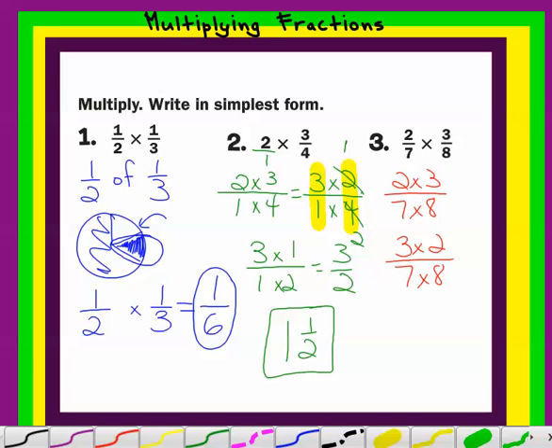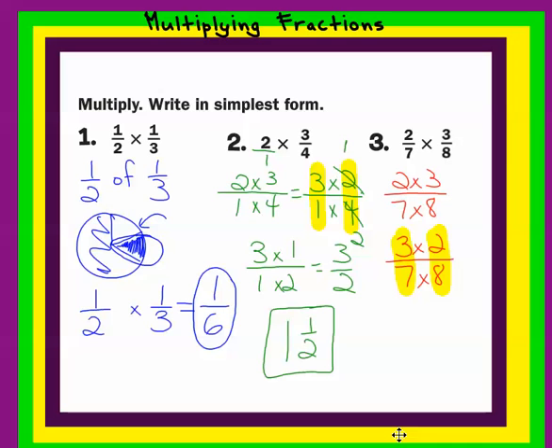And if it helps, highlight those 2 new fractions that you're seeing so you can think about them individually. 3/7 is in simplest form, but 2 and 8 have a common factor of 2. So we can simplify that. And so now we're looking at 3 times 1 over 7 times 4. 3 times 1 is 3, and 7 times 4 is 28, and that fraction is in simplest form.